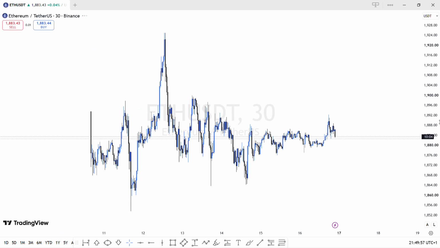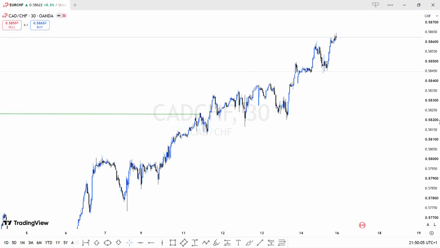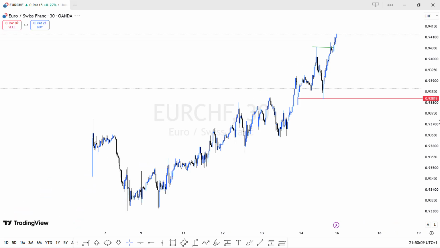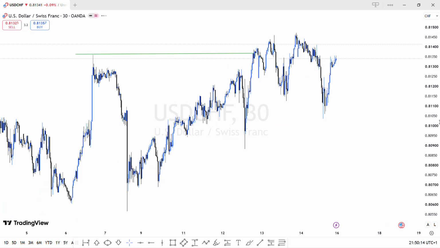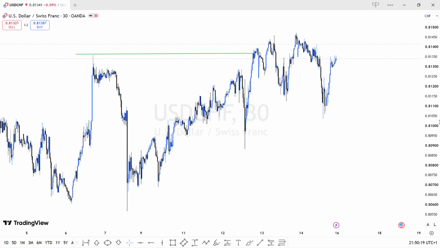So currently, this is Ethereum. I didn't see anything intriguing in this cryptocurrency pair. On CAD CHF, I'm not seeing anything. That is why I didn't map much on GBP CHF. Nothing on USD CHF.